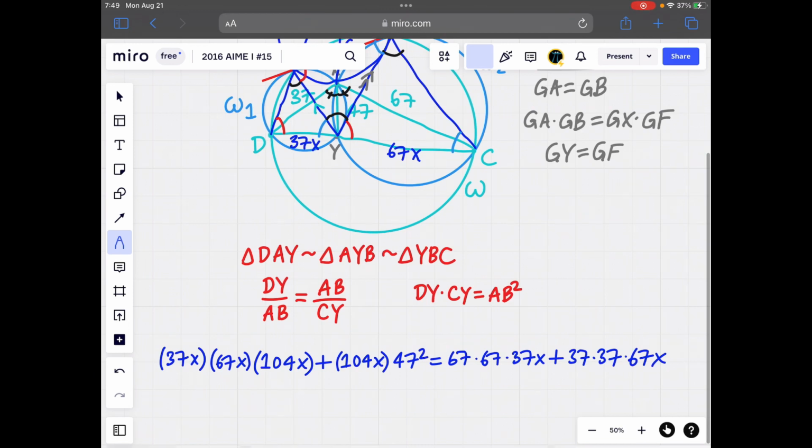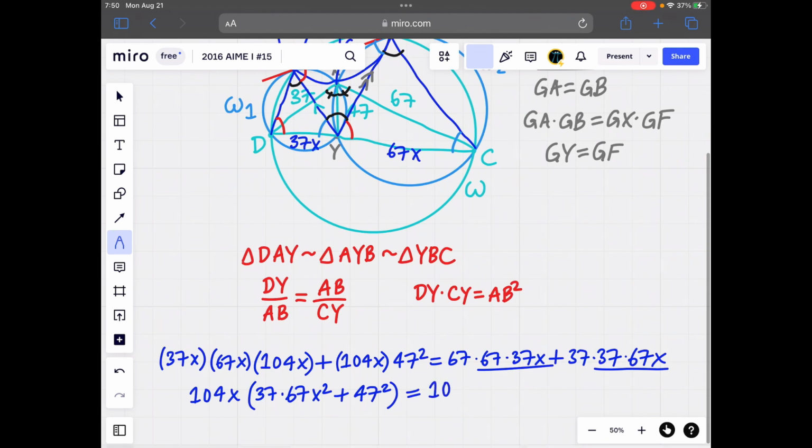And so we can factor out a 104x on the left side. We have 104x times (37 times 67x squared plus 47 squared). And we can factor out 104x from the right side too. We can break this up into 2 terms of 67 times 37x.